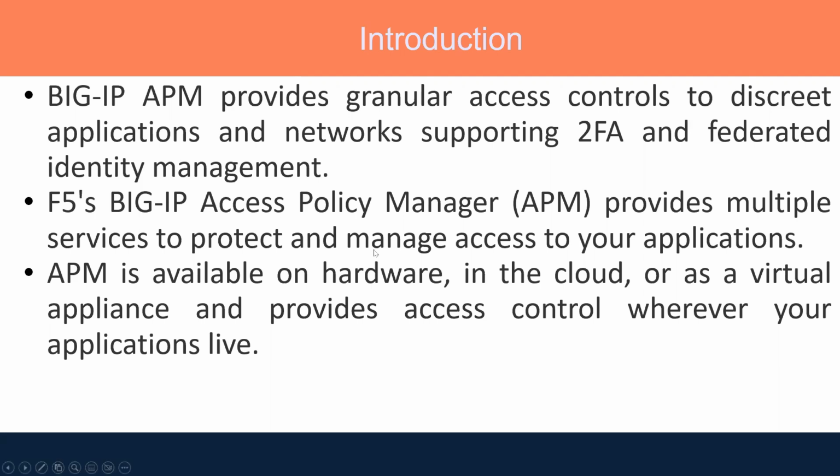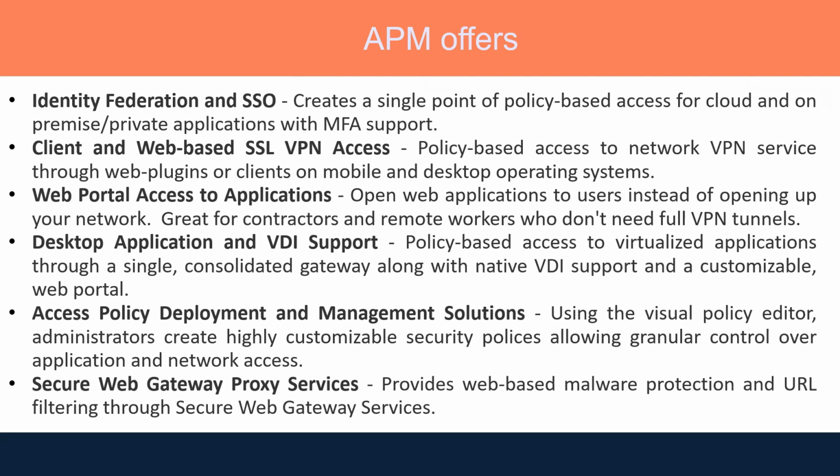Number one is identity federation and SSO. Using this, a user can authenticate using SSO or federation services, and APM provides policy-based access for the resources. When I say resources, it would be an application or the network. It also provides client and web-based SSL VPN access.